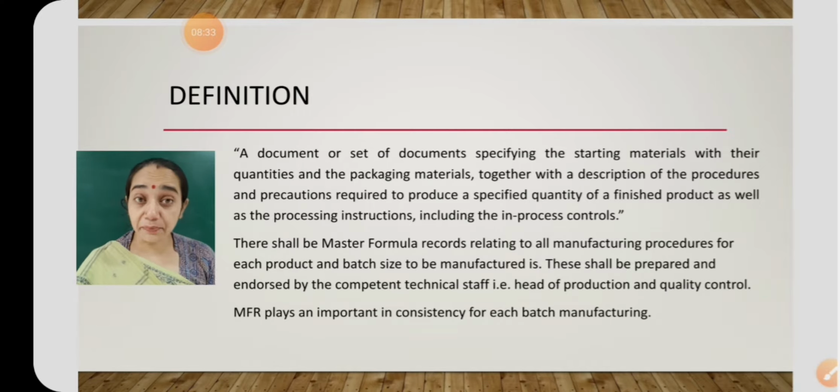Basically, this manufacturing formulation record, or manufacturing production record, plays a vital role in the consistency of each batch manufacturing. If a particular batch has to be manufactured repeatedly with the same consistency and same quality, then this should be consulted.